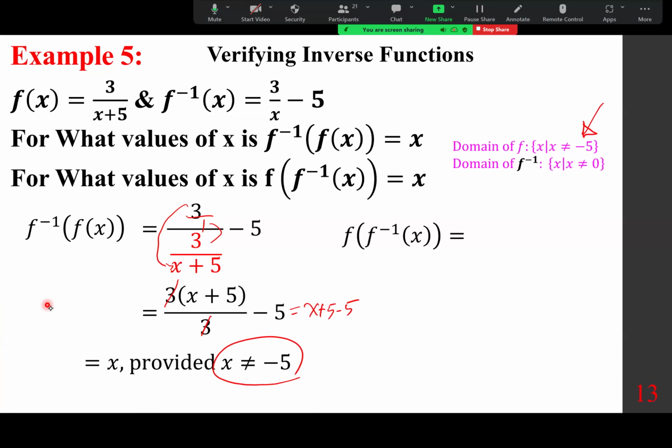What about f of f inverse of x? So we go to this function and replace the x with 3 over x minus 5. This x is replaced by this.